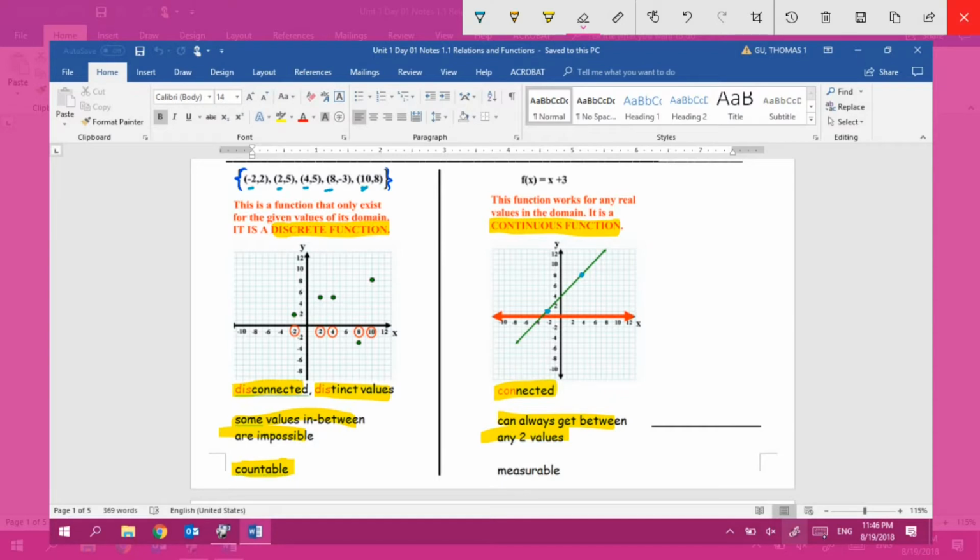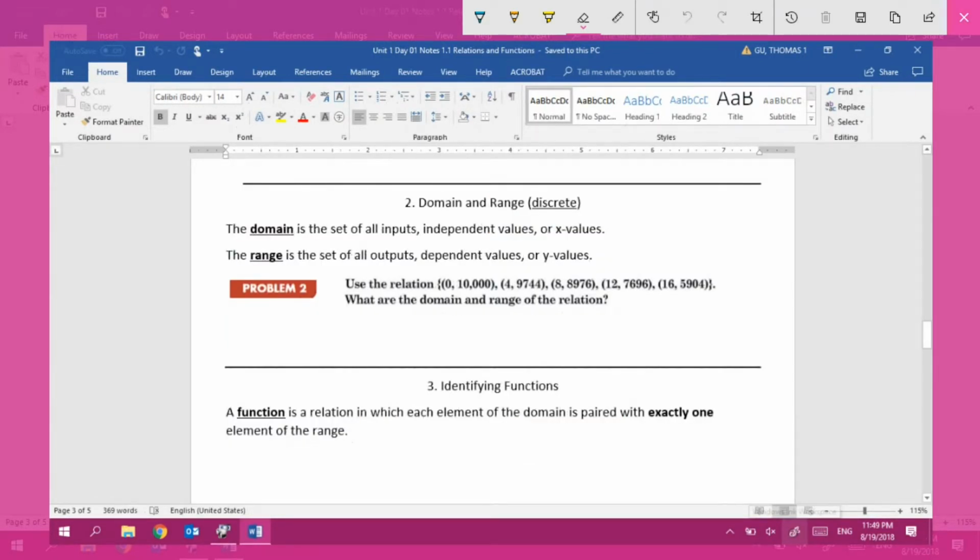So let's move on. Next up we've got domain and range. The domain is the set of all inputs, independent values, or x values. These are 3 different ways you can identify the domain. And then the range is the set of all outputs, dependent values, or y values.